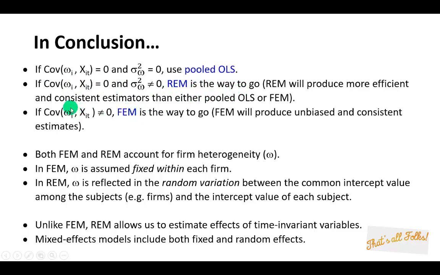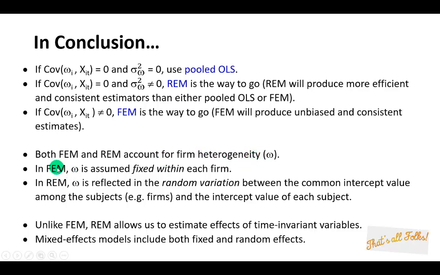Now then, if the covariance between the cross-section random error term, the heterogeneity term, and the regressors is non-zero, then we're going to have to estimate the panel model using fixed effects model, because we can be sure that it'll give us unbiased and, more importantly, consistent parameter estimates. Now we want to note though that both fixed effects model and random effects model account for firm heterogeneity.